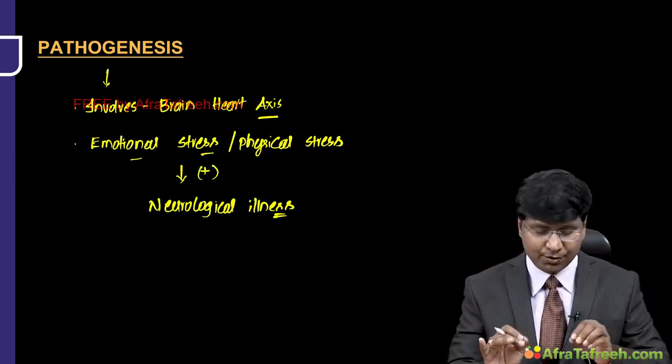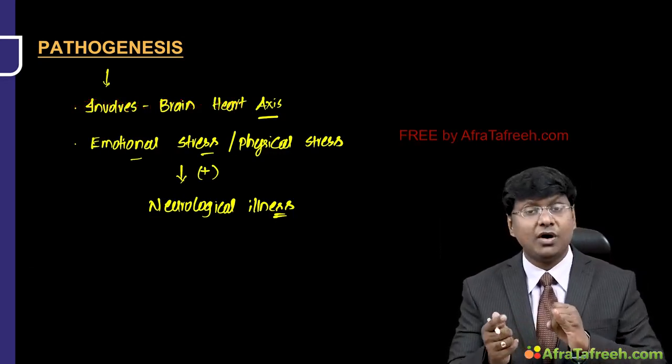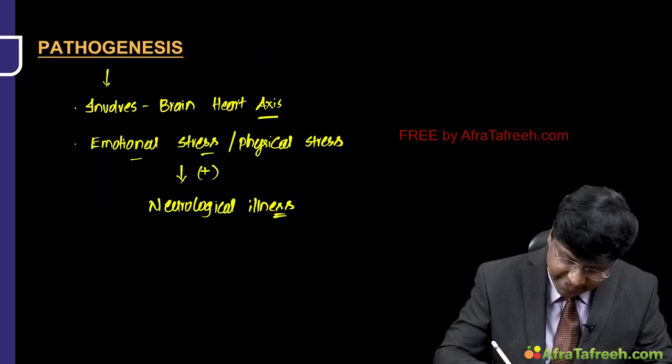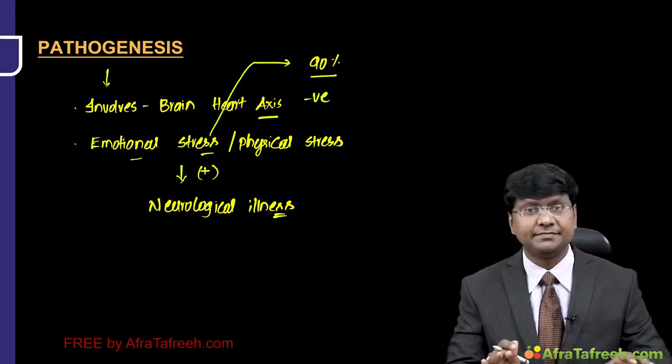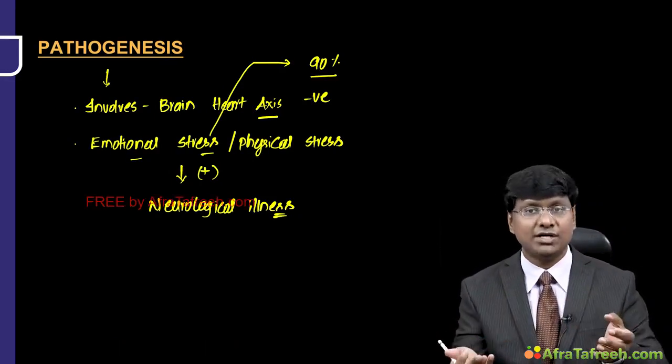Now, I said that emotional stress could be a positive event or a negative event. In the pathogenesis, 90% of the emotional events are negative events. Like what are those?